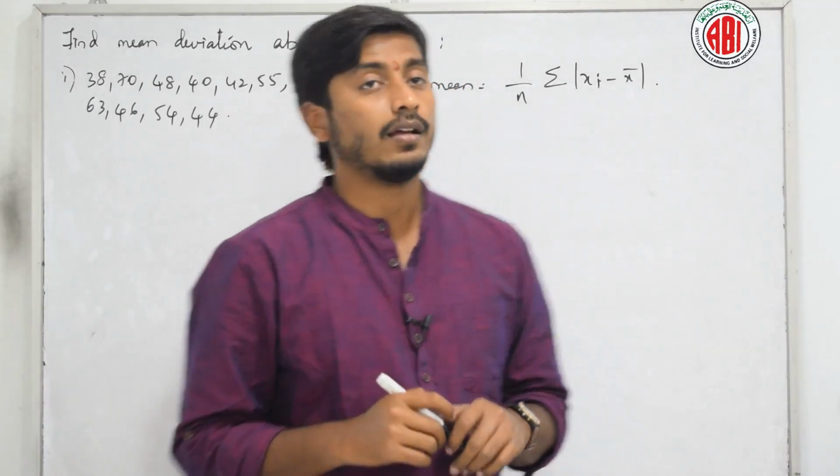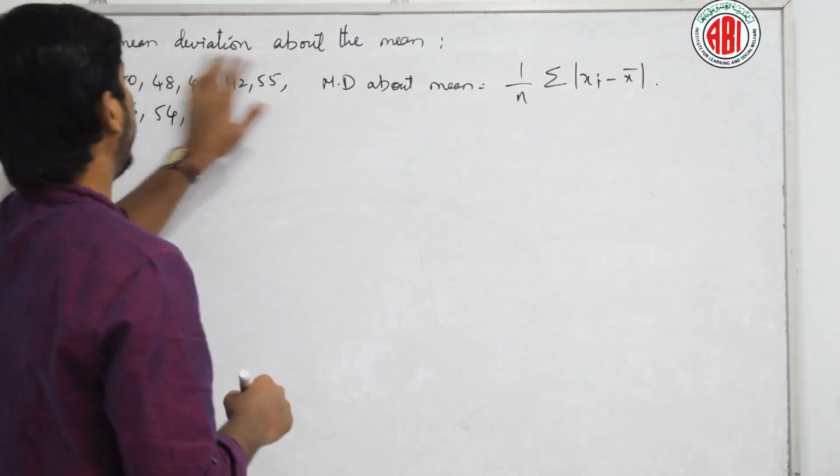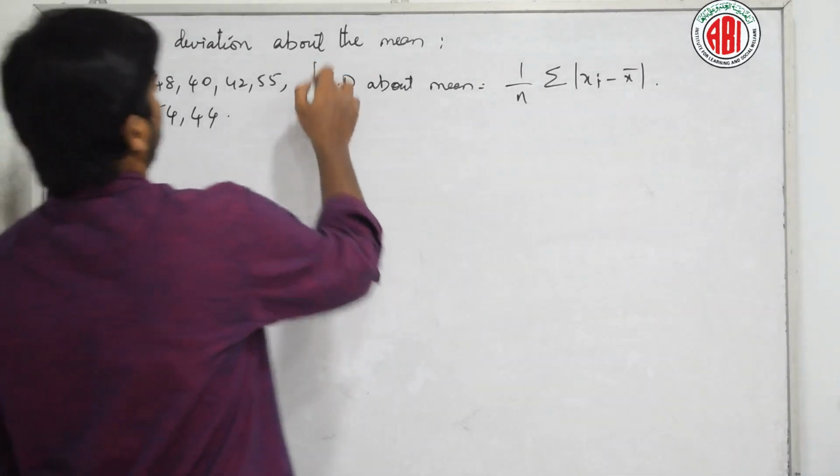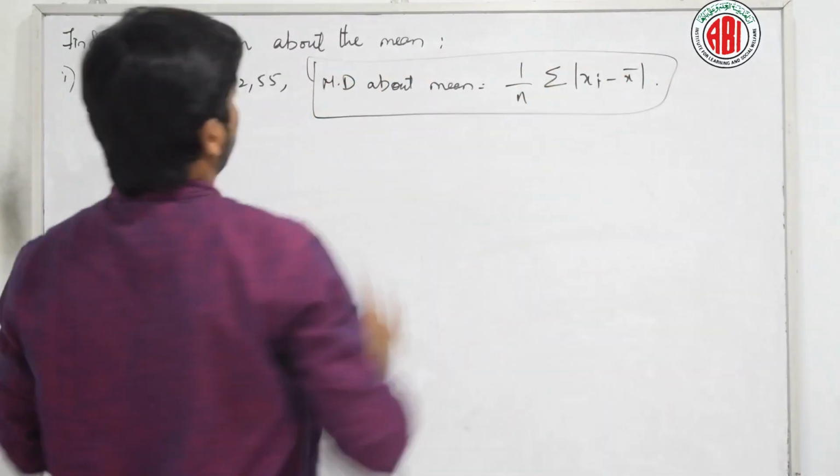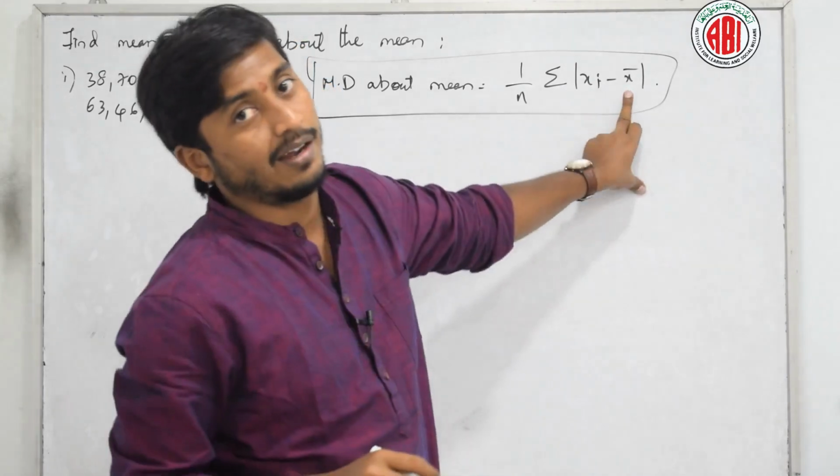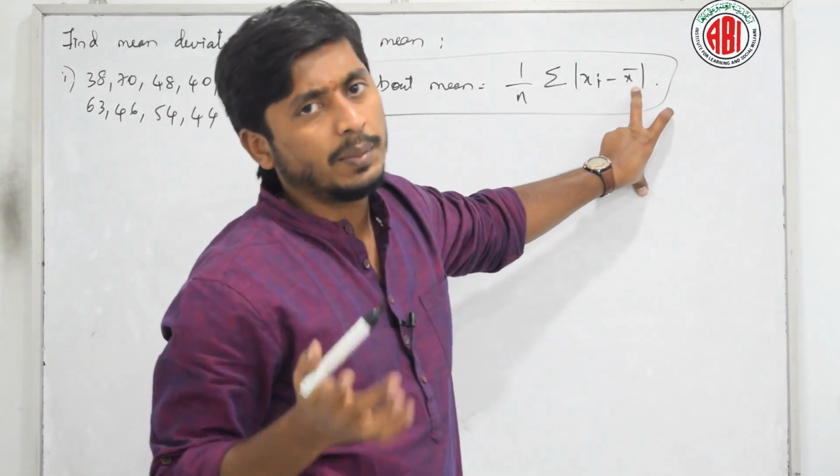Let's do it. See here, again the same question, finding the mean deviation about the mean. What is the formula? Mean deviation about the mean is 1 by n summation of modulus of xi minus x bar. What is this x bar? Finding the mean first.